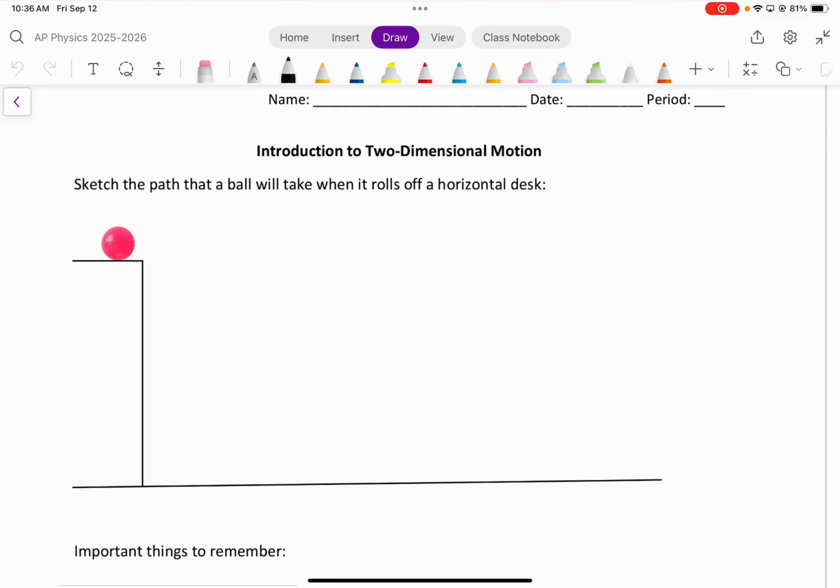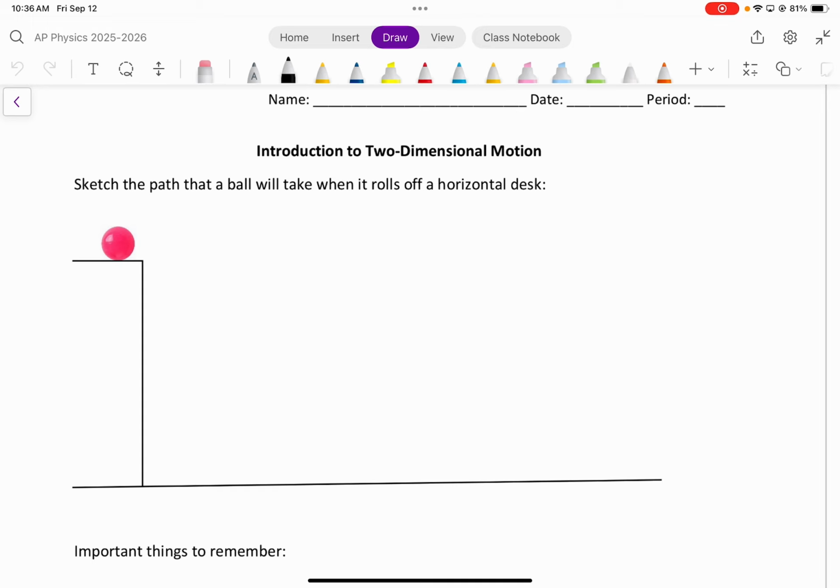If I look at a ball that is rolling off of a horizontal desk, and I watch that motion, what would we say is the motion of this ball? Forward and down.